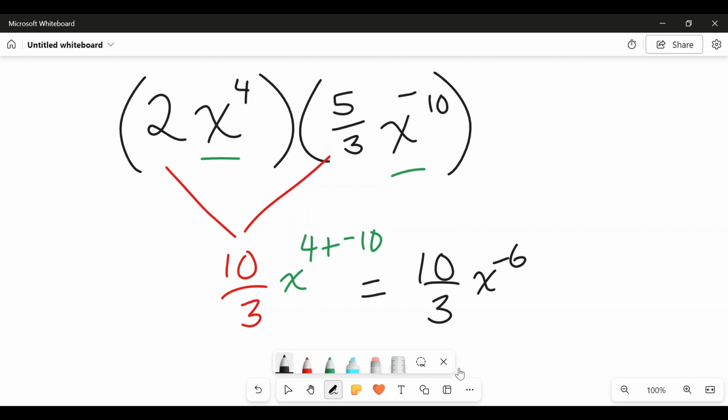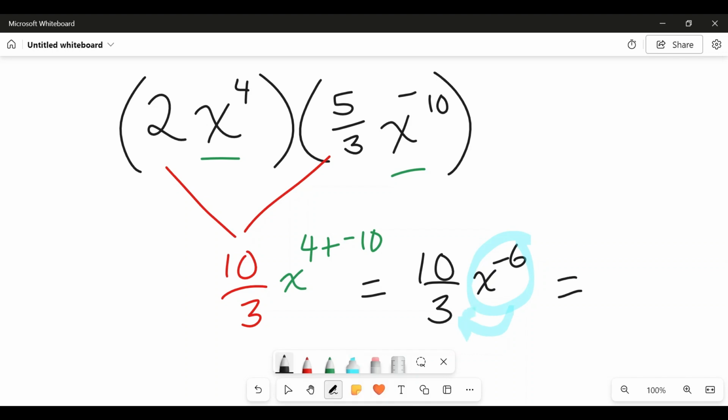Now, we have a negative exponent, and what we're going to do when we have a negative is we're going to bury it to the bottom of the fraction in order to make it positive. So whenever you have a negative exponent and a problem asks you to write it with only positive exponents, we need to take this term here and put it with the 3 in the denominator.